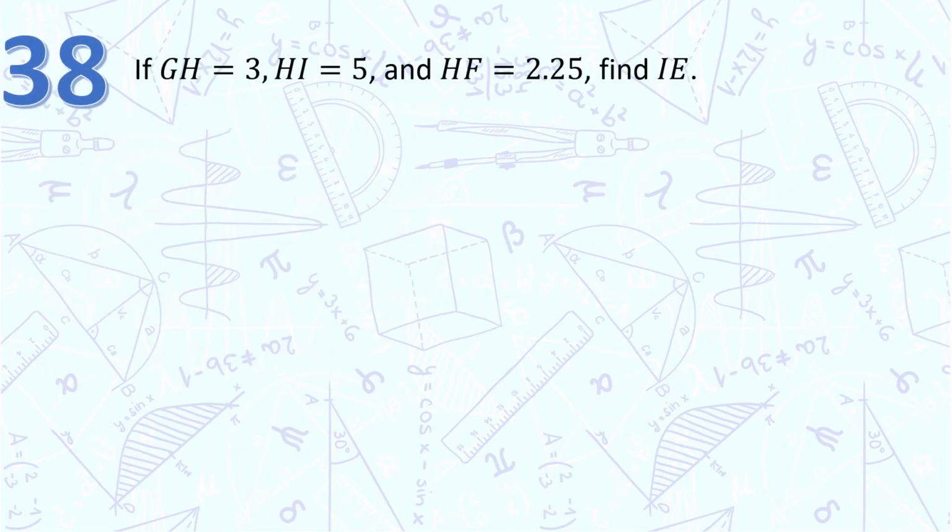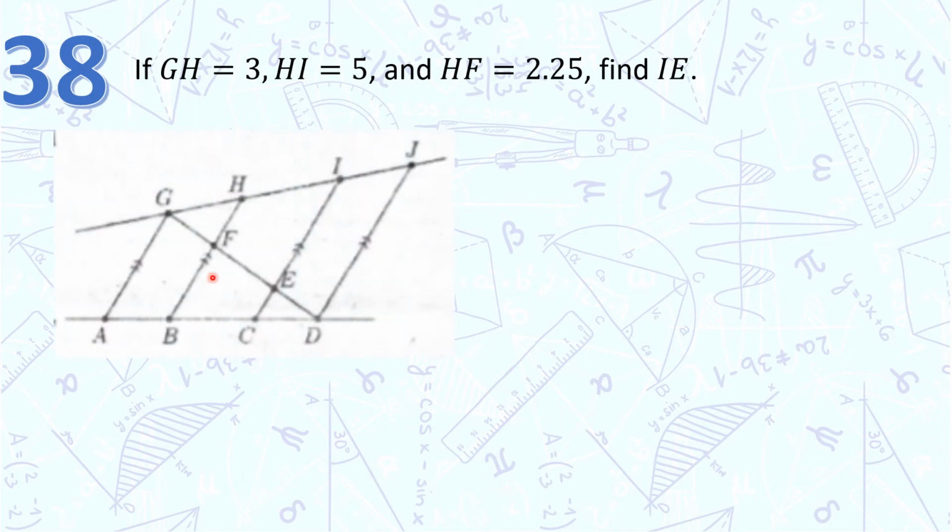Next, number 38. If GH is equal to 3, HI is equal to 5, HF is equal to 2.25, find IE. From the figure, we can see that triangle GHF and triangle GIE have common angle G, and since HF is parallel to IE, we have angle GHF congruent to angle GIE.